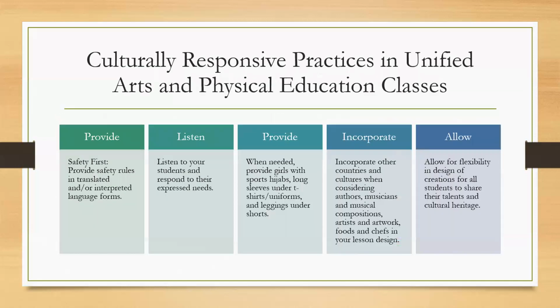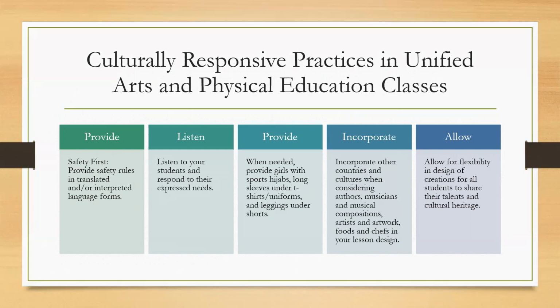Some culturally responsive practices that you can use in unified arts and PE classes. Of course, safety has to be first. So if the safety rules can be translated or interpreted for students who can read in their primary language, providing written interpretation is helpful.